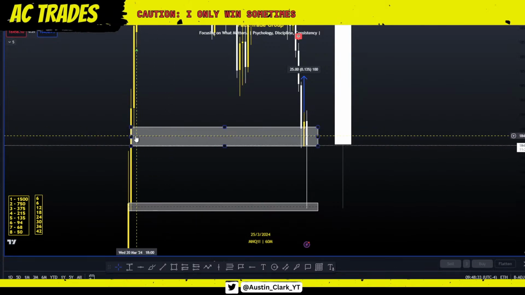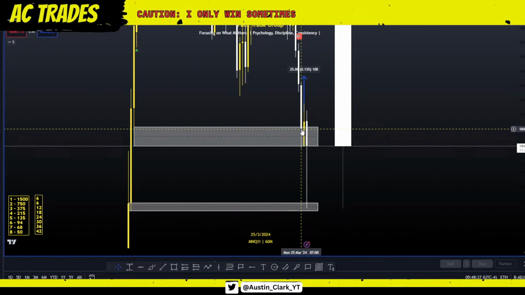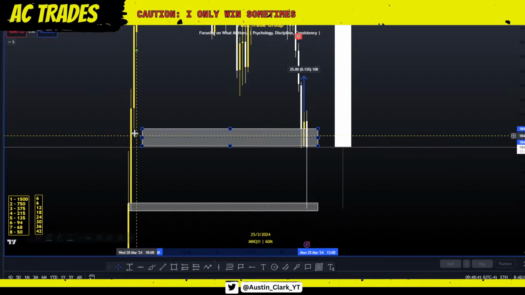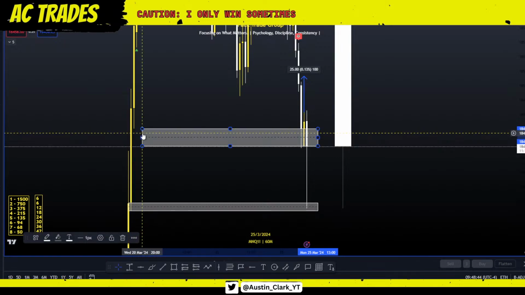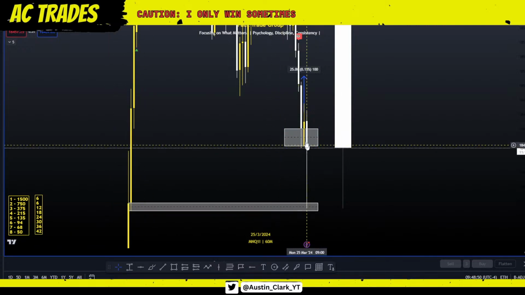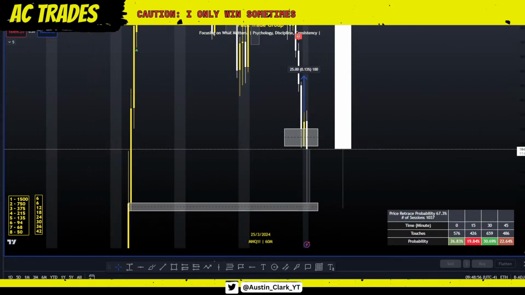It looks like it, but I literally took this 7 o'clock wick right here, and then I also wanted to add this little part that wasn't covered, and then I naturally drew it back here. I get how it looks like I'm drawing a fair value gap, but I'm not. I'm just drawing it from this footprint here. And then I got this one all the way down here. But that's it.